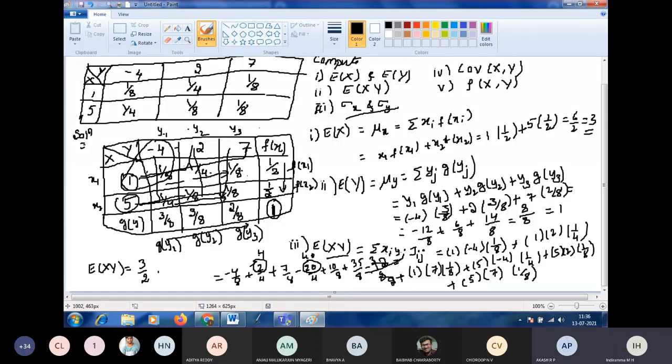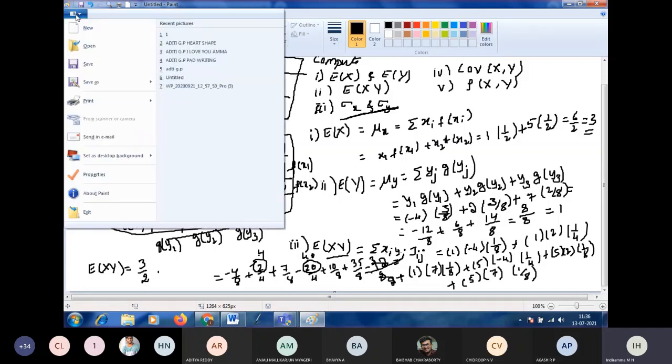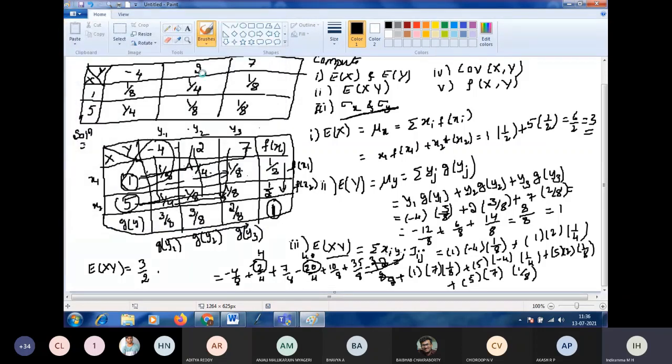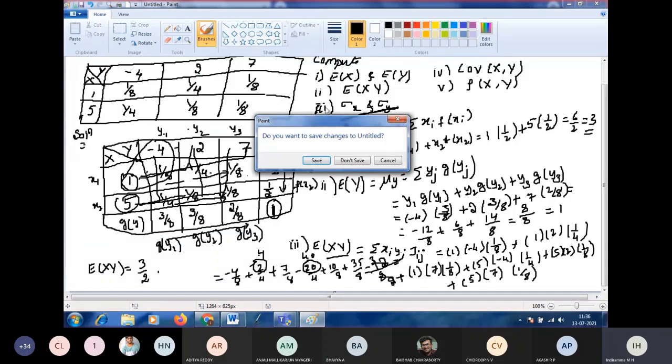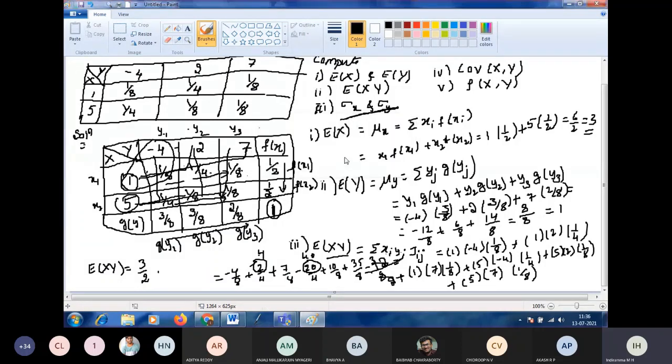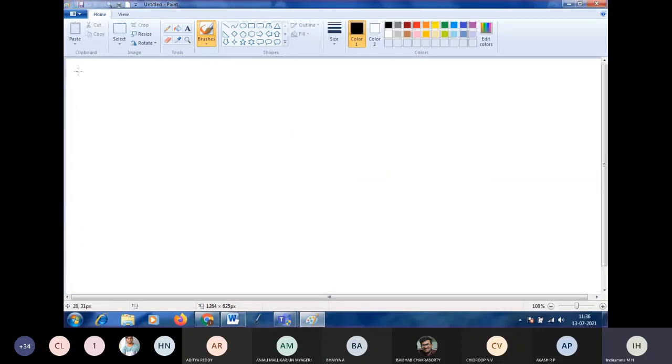Yes, ma'am. Okay, I will go for the next page to find the fourth question. I need to find sigma x and sigma y. If you are not understanding this, you ask. It is the standard deviation.